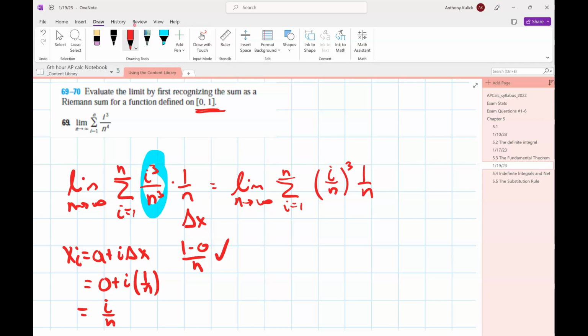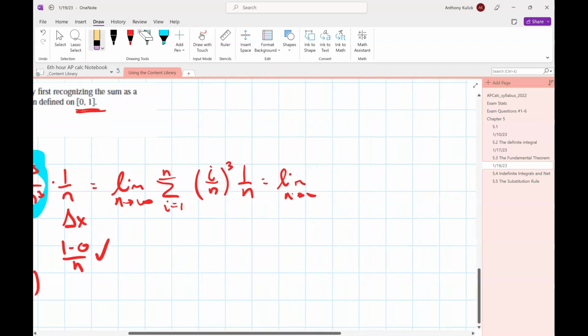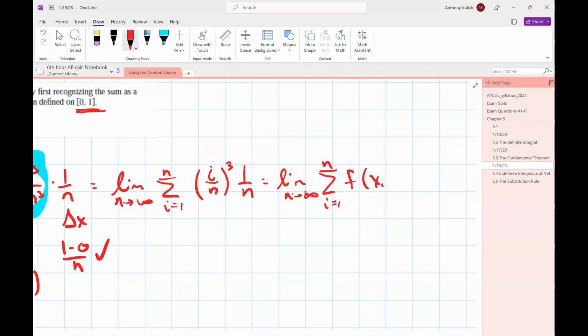So this is now the limit as n goes to infinity of the sum from i equals 1 to n of f of xi delta x, where xi was i over n, delta x is 1 over n, and f of x is x cubed.